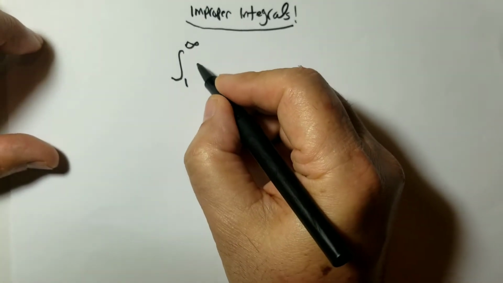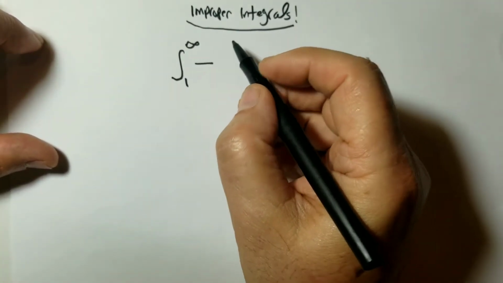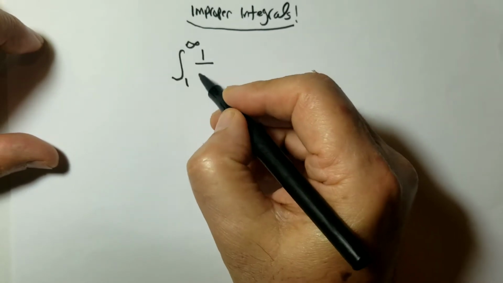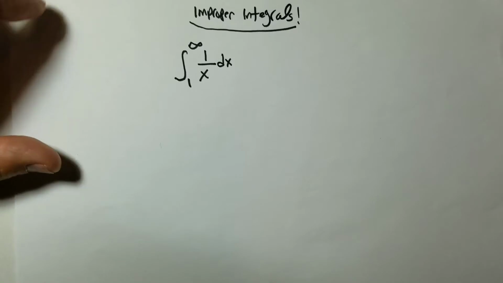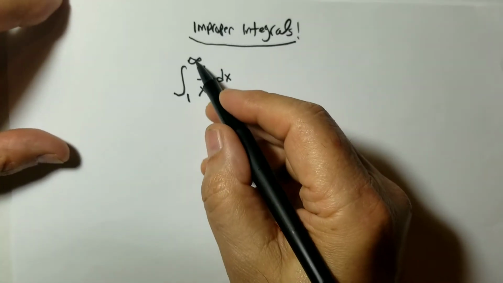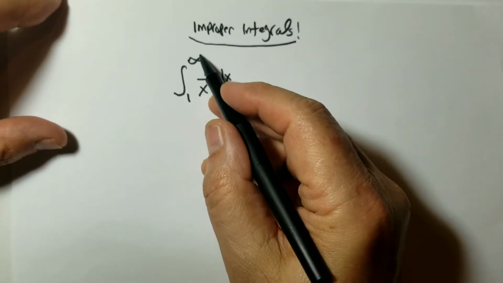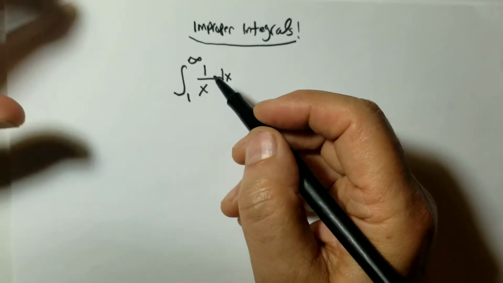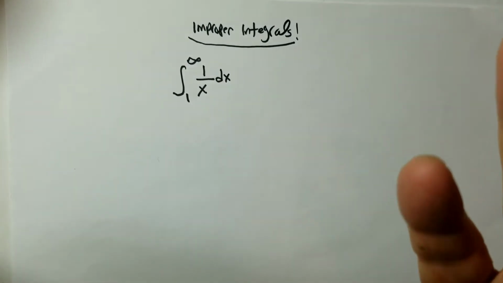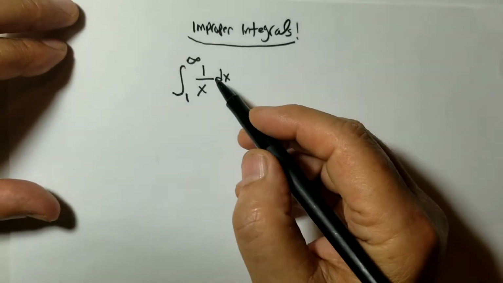And those are going to become a reciprocal function such as 1 over x dx. Therefore, this is one of those improper integrals because the upper bound is not a finite quantity, and since it's not a finite quantity, I have to find out the value of the integral.